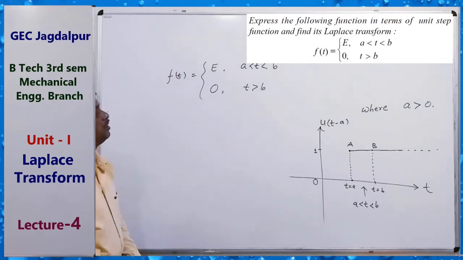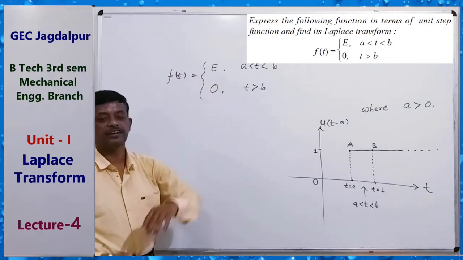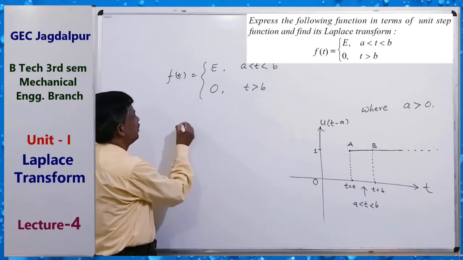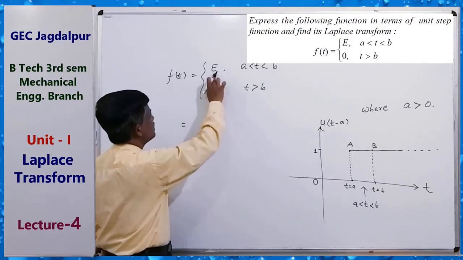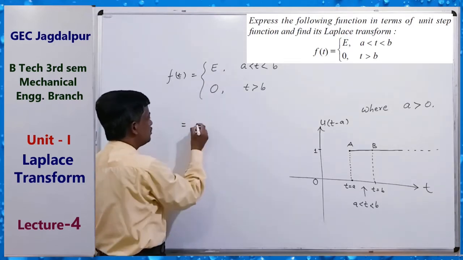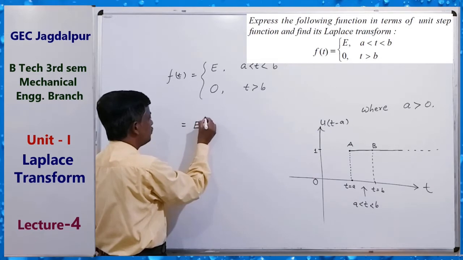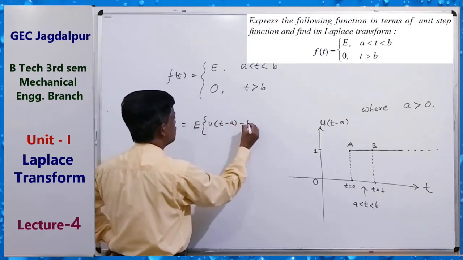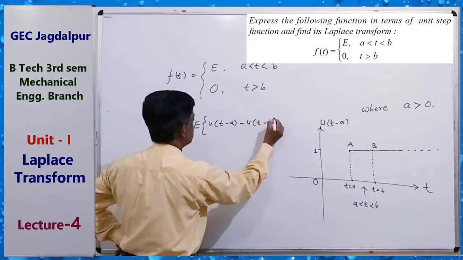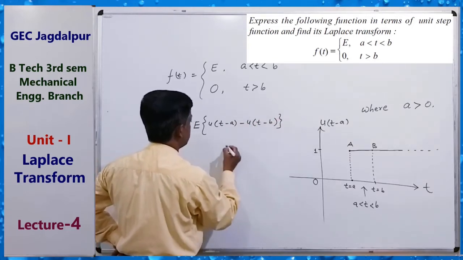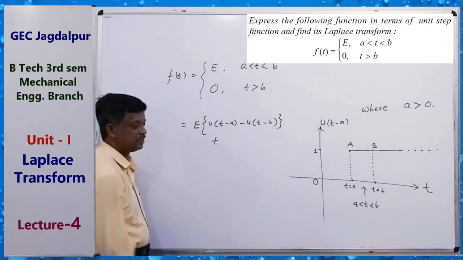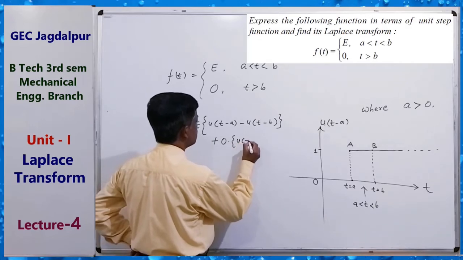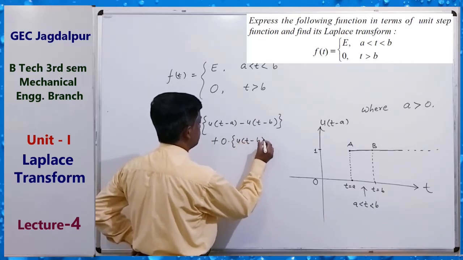First of all, we have to write it in terms of unit step function. How? The value of the function is E. So E into u(t-a) minus u(t-b), plus 0 into u(t-b).